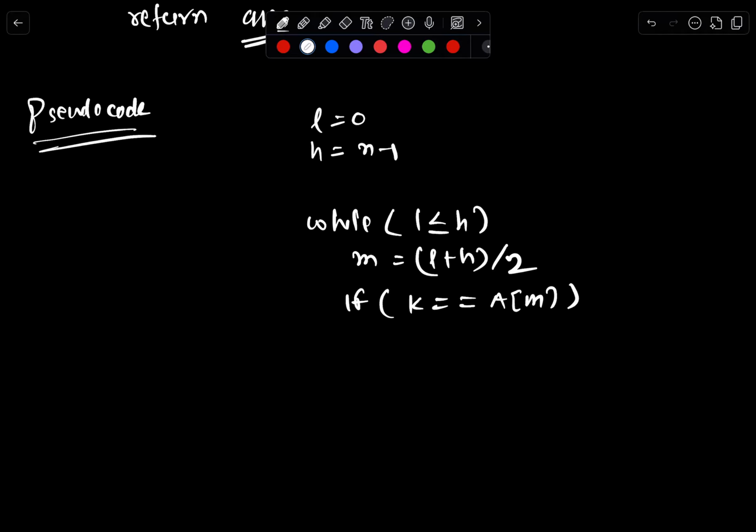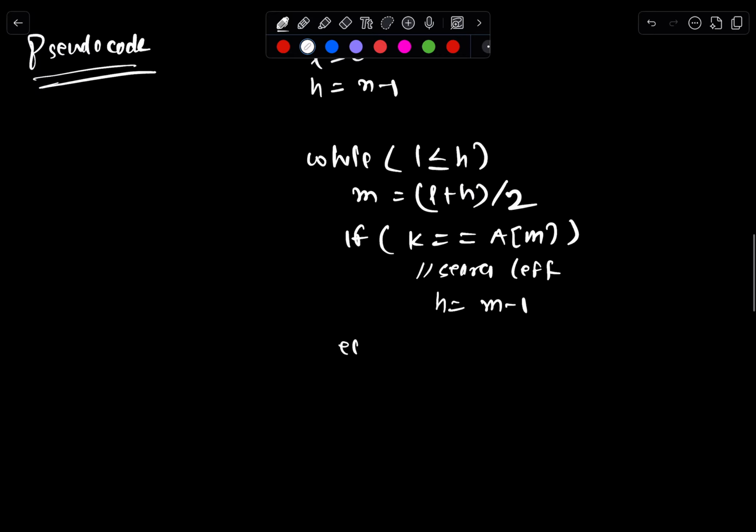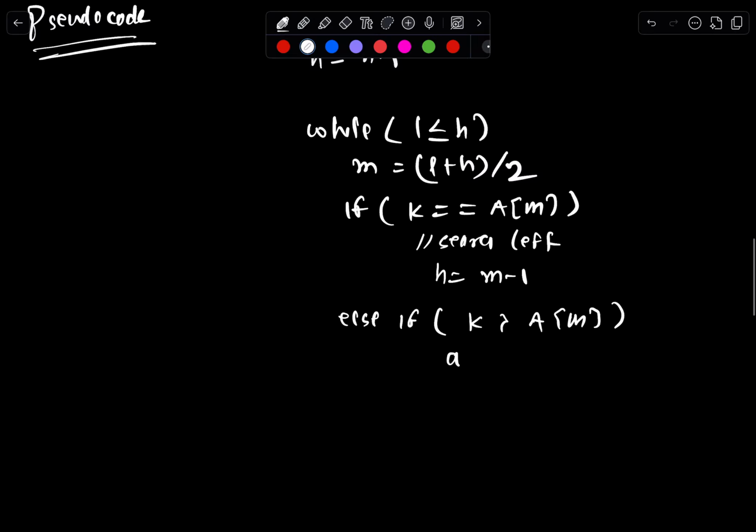So my floor will always lie on the left side, right? Search left. And what was the formula of searching left? H should come before M. Else if K is greater than A of M, yes, this is what we wanted, because if the middle element is smaller, this could be the answer.